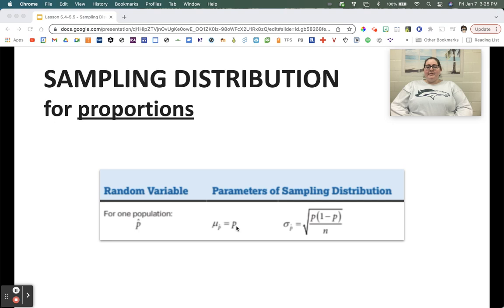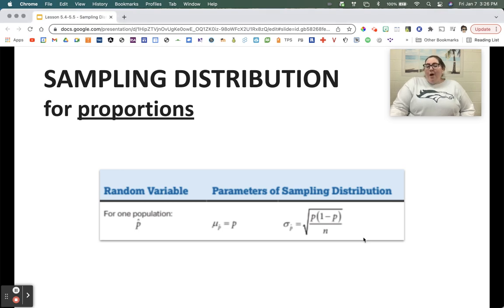So when we take a whole lot of samples from a population and find the proportion for each sample and put those proportions on a graph, the mean of that graph is going to be equal to whatever the original proportion of the population was. The second thing is that the standard deviation of that graph is equal to the square root of p, the proportion for the population, times 1 minus p, divided by n. And again, this comes from lots of trial and error of statisticians in our past.